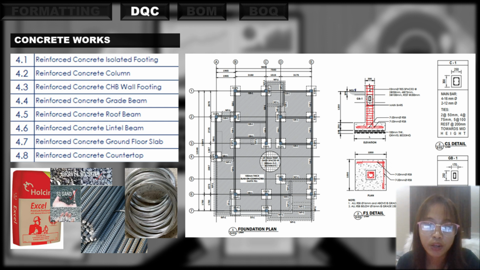Included items here are the following: reinforced concrete isolated footing, column, CHB wall footing, grade beam, roof beam, lintel beam, ground floor slab, reinforced concrete countertop.